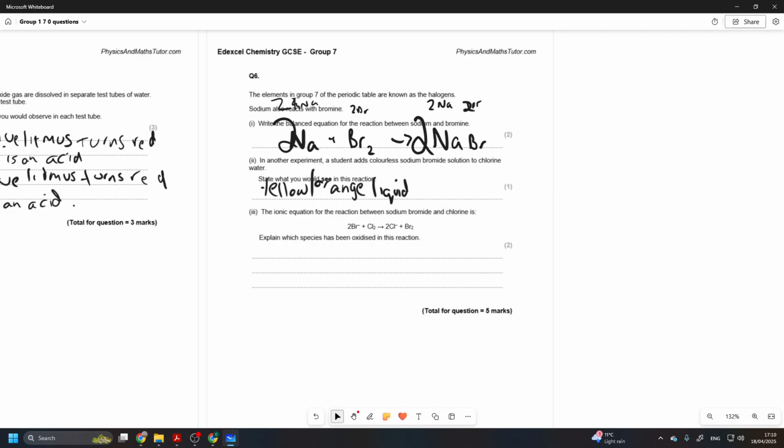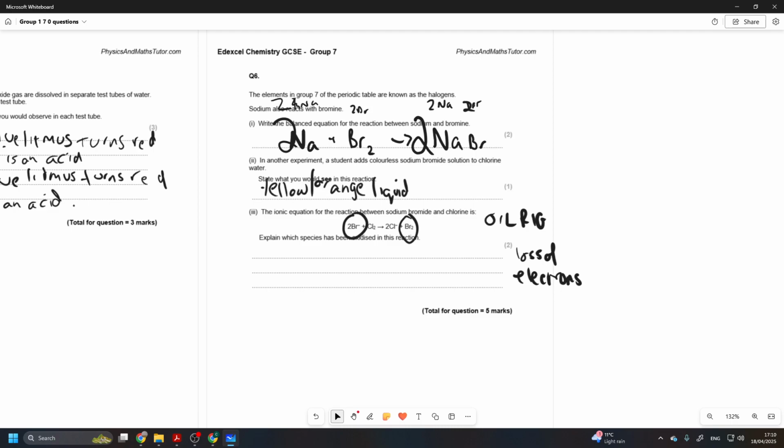Right, the ionic equation for the reaction between sodium bromide and chlorine is below. Explain which species has been oxidised. Now, we remember from our oil rig, oxidation is loss, reduction is gain. We remember that oxidation is loss of electrons. We've got a negative ion here, it's not negative anymore.